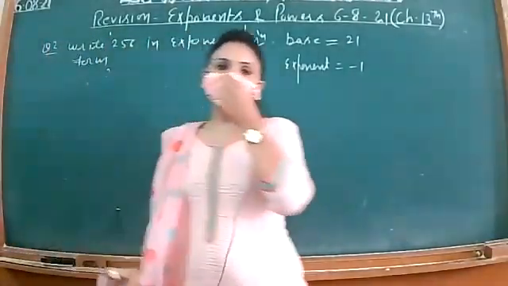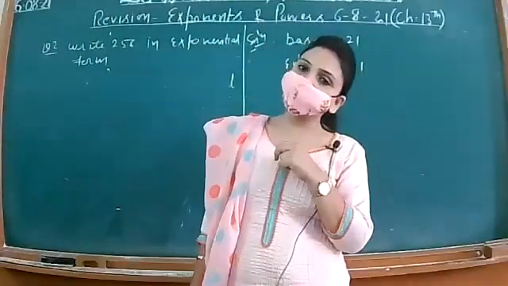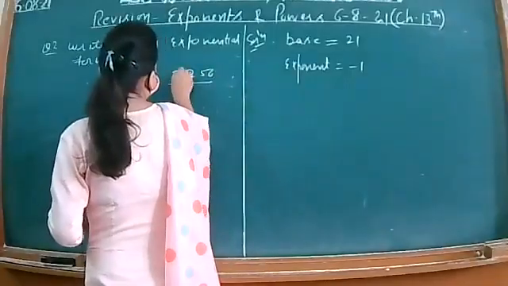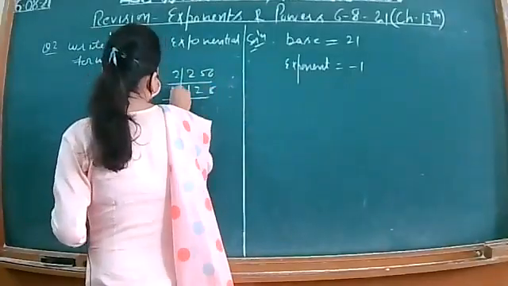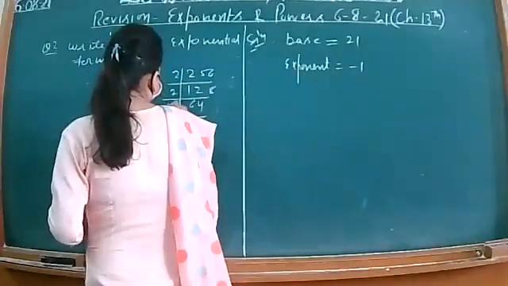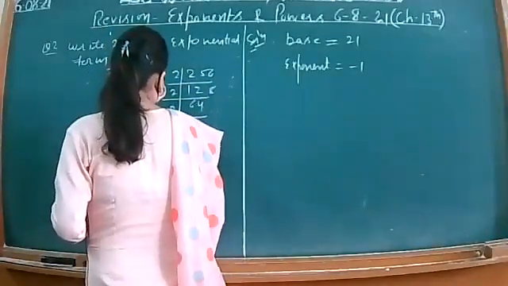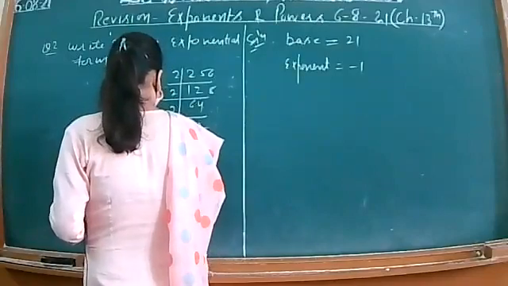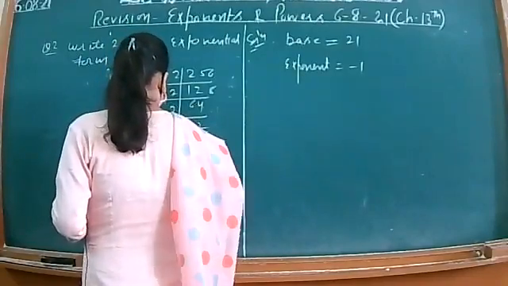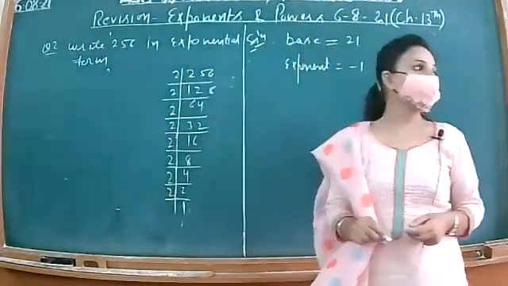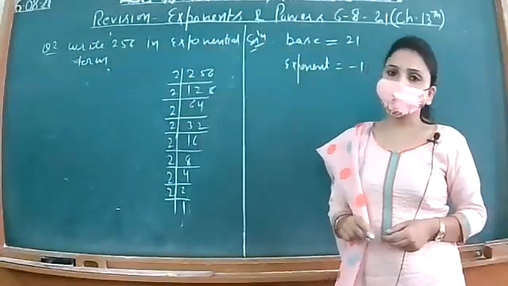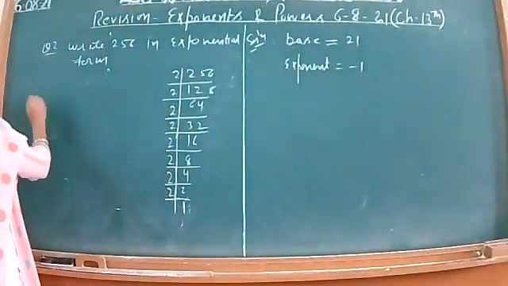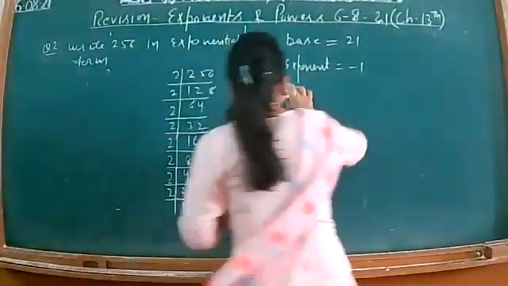So what to do to write a number in exponential form? सबसे पहले हम LCM लेंगे. We have taken the LCM of the number like this. Now we will write it. 256, solution on screen.